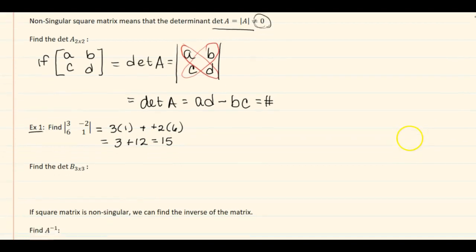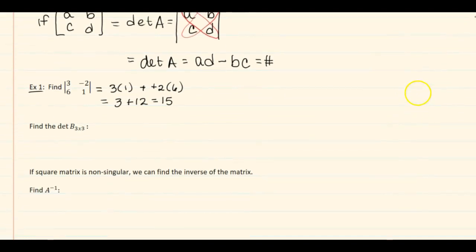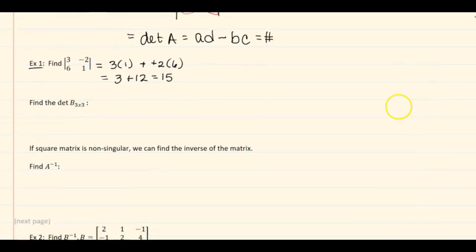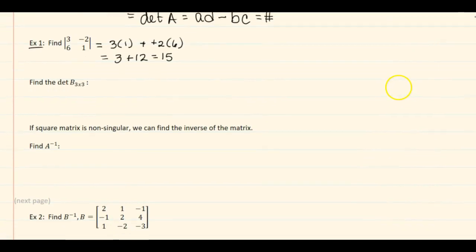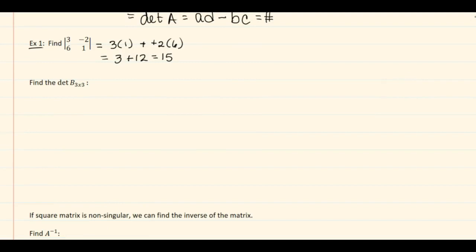Now, in order to find the determinant of a 3 by 3 matrix, we're going to have to do some more creative math. First, let's find a 3 by 3 matrix. So we're going to use the matrix 2, 1, -1, -1, 2, 4, 1, -2, and -3.